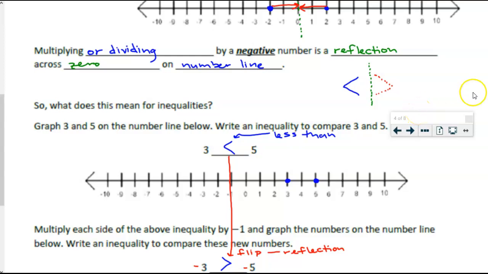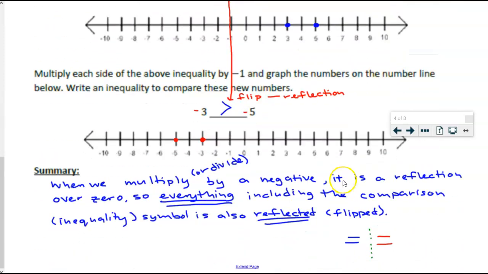And voice is off. What conclusion you should have come to is multiplying or dividing by a negative number is a reflection. So if I'm multiplying by a negative number, if I'm dividing by a negative number, that's when I need to reflect. We also wrote it here in our summary. When we multiply or divide by a negative, we're going to add a statement here.